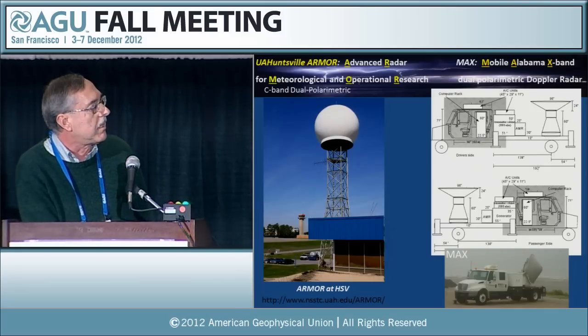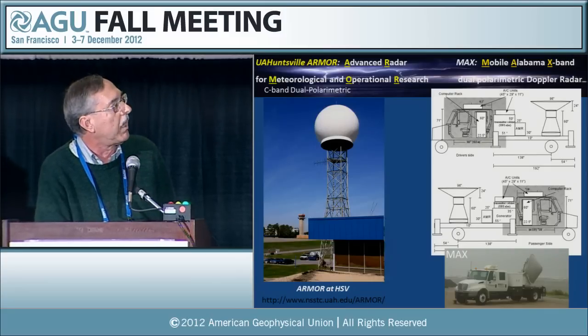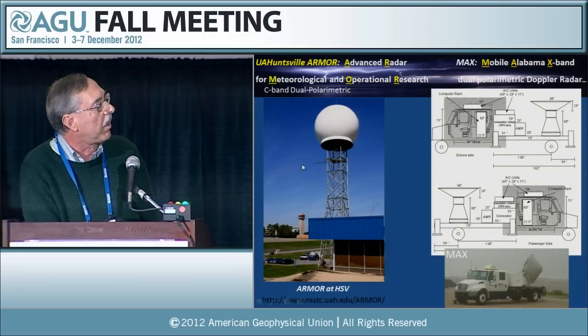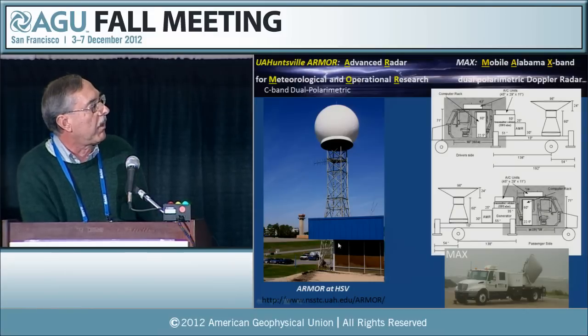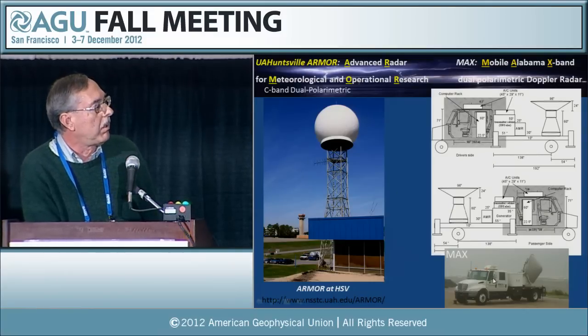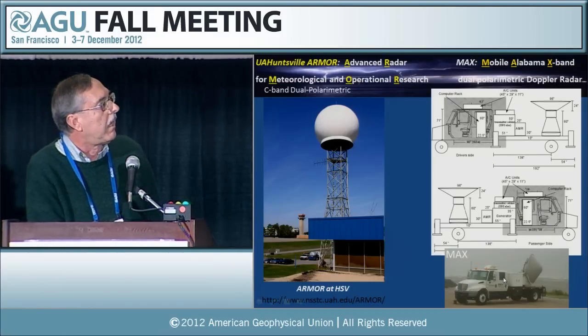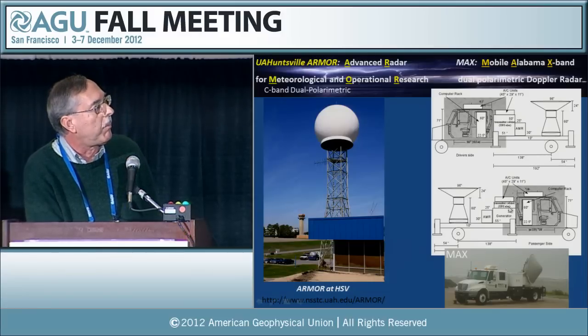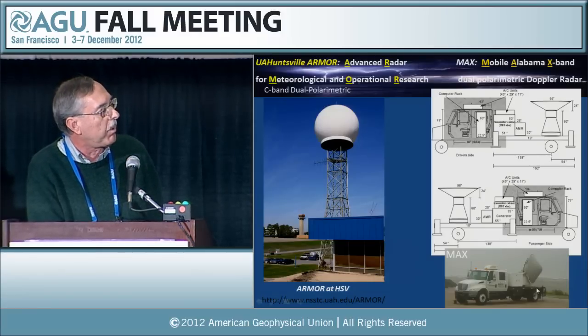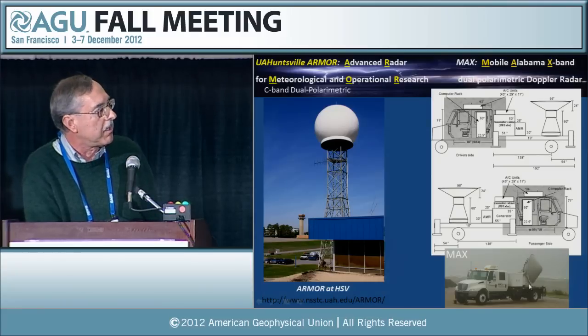And this is just some pictures of the two radars, the Huntsville ARMOR, located at the Huntsville Airport, and then the mobile MAX radar. Both of these are dual polarimetric. This is a mobile version that's mounted on the back of a truck.